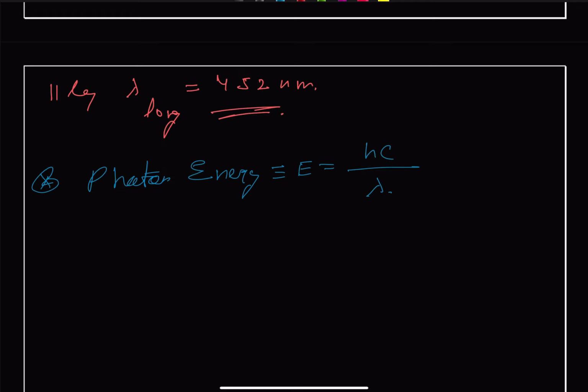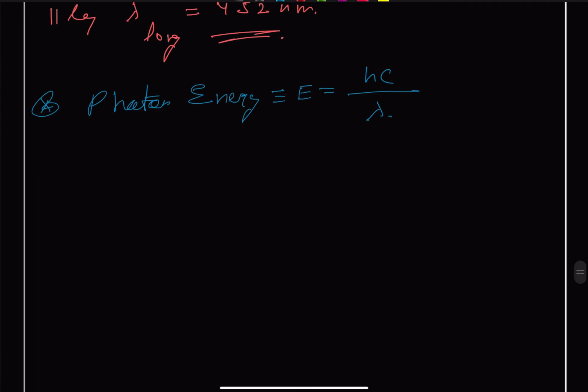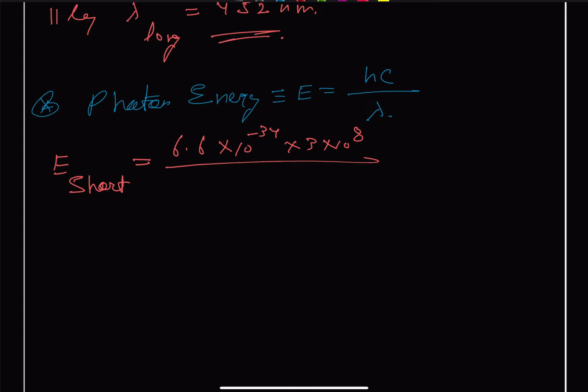We have two wavelengths, short and long, so we can divide this into two parts. Energy associated with short, E short, will be equal to 6.6 × 10^-34 times 3 × 10^8, over wavelength 2.09 × 10^-7.